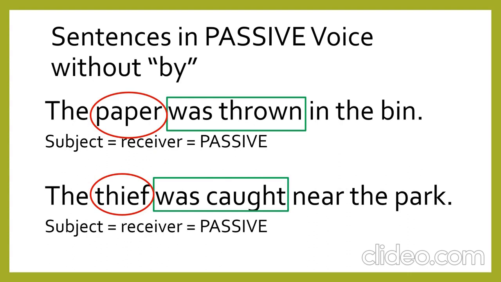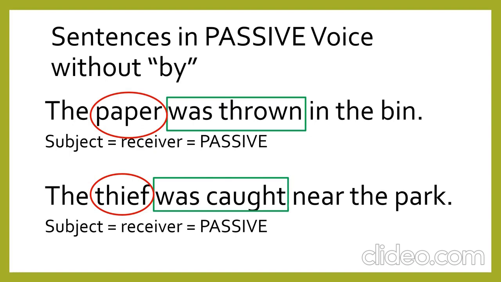Why is thief the receiver of the action? Because it's not stated in the sentence as to who actually does the action. There's no doer, okay? Because there's no by phrase. The by is the one to introduce the doer of the action. But it's not stated in this sentence. What's stated only is the receiver, which is the subject, and the verb or the predicate, okay?